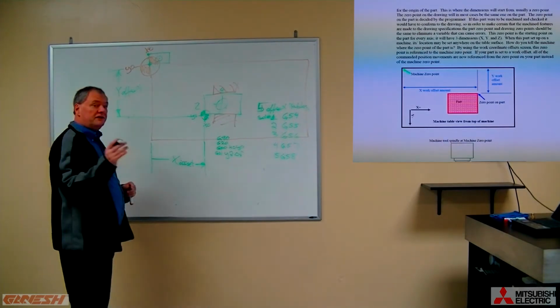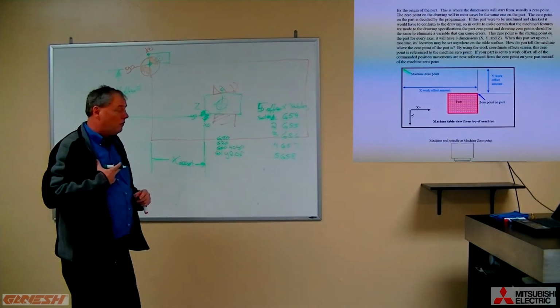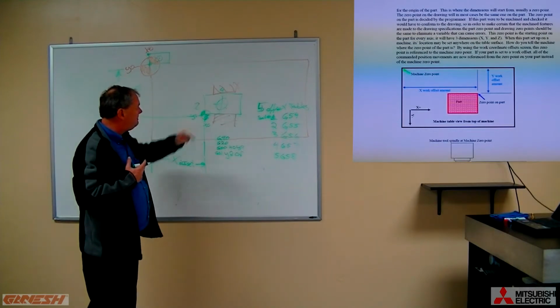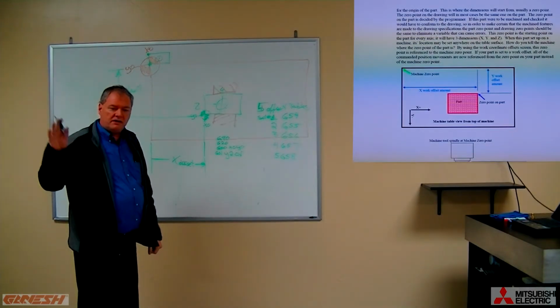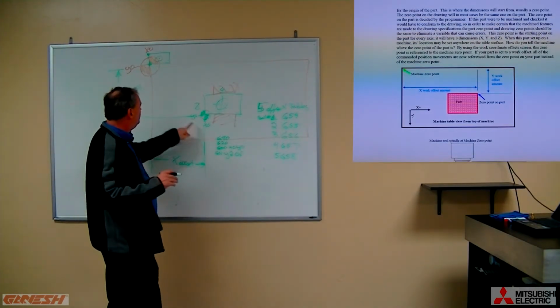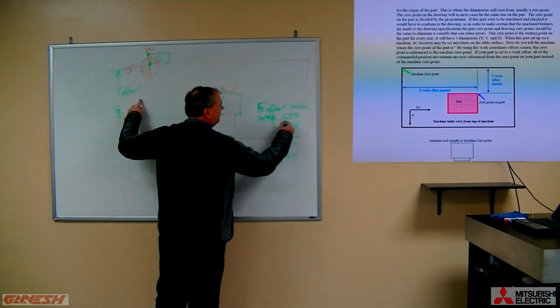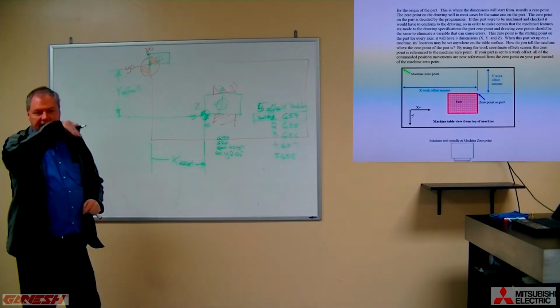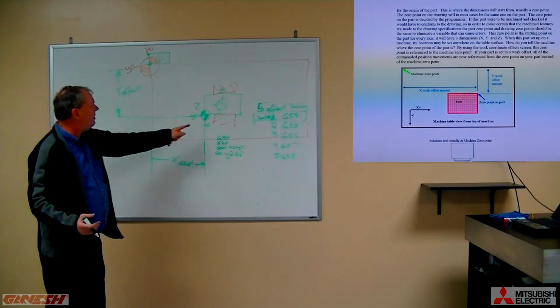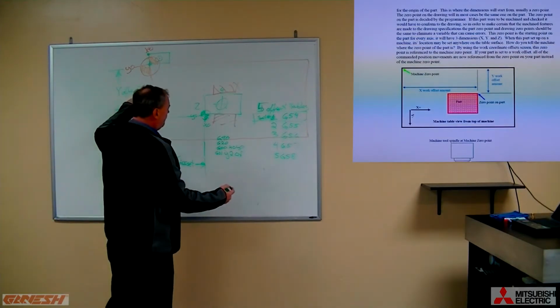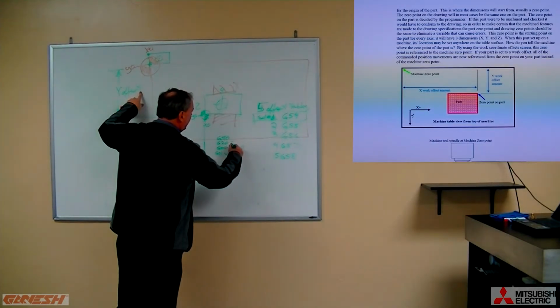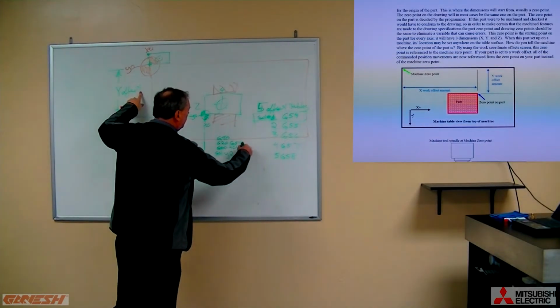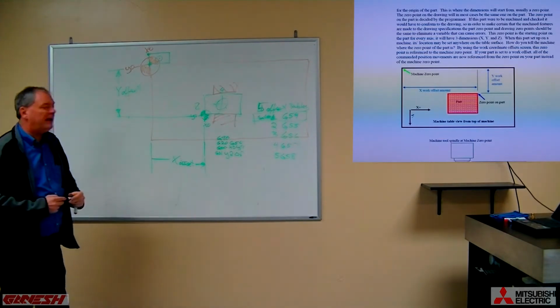So as the programmers writing this program for this part, we're going to instruct the setup person to enter these offset values into our G54, or our first work coordinate offset values. And then all we need to do is add a G54 in our program right after the G20.